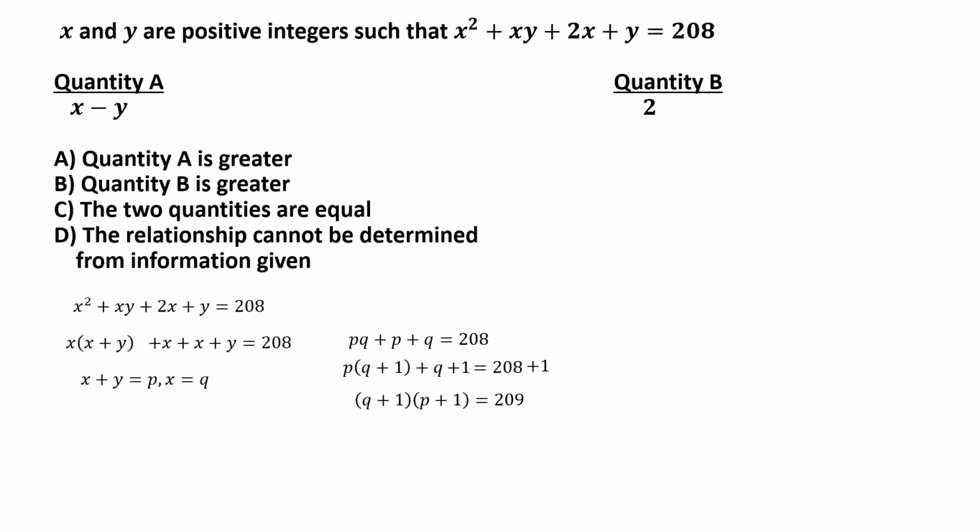So on the left hand side of this equation, we have the product of two integers which are greater than 1. And on the right hand side, we have 209, which is not a prime number by itself, but it can be written as the product of two prime numbers, 11 and 19. And that's pretty much the only way we can break up 209 as the product of two integers greater than 1. 11 multiplied by 19.